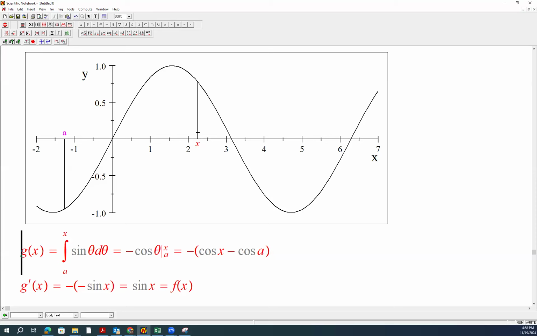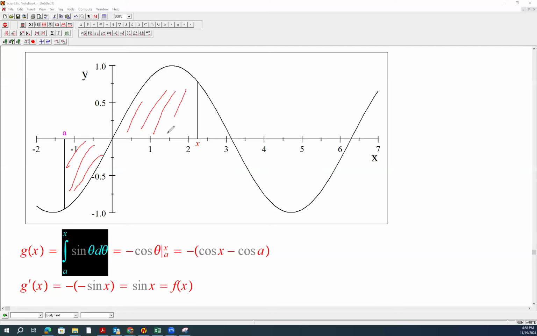Between a and x, this integration will give us the area. This area, of course, is negative, and this is the sum of these two areas. And so that's the meaning.